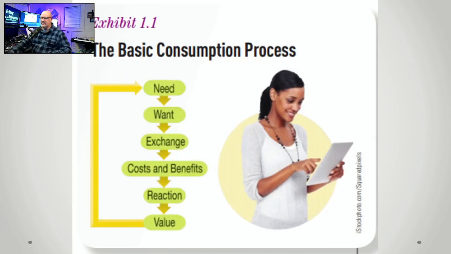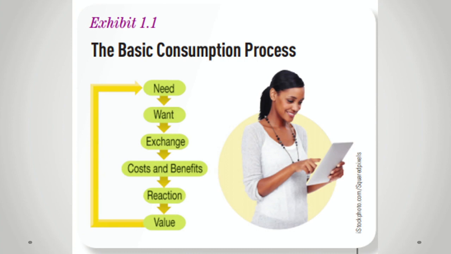All right, the basic consumption process begins at the top with need and moves to want. And then after we establish the need or want there, we move to the exchange stage, and we're doing kind of like what I did with the Google search, right?